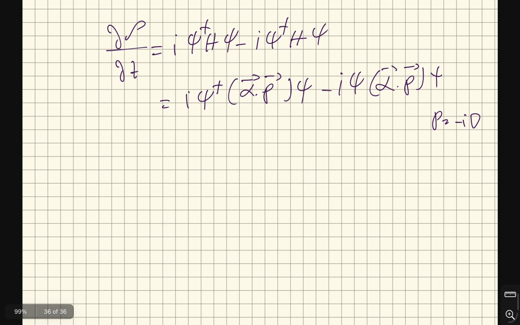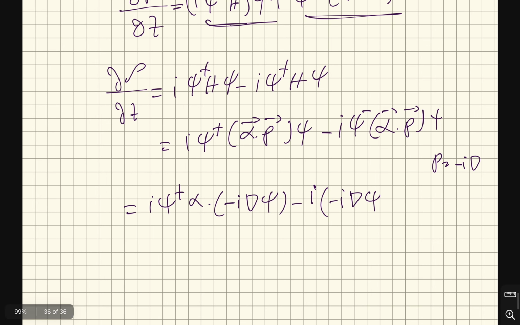So if we substitute the p, we'll have alpha dot minus i nabla acting on psi, minus, and we have minus i here, and minus i inside. Nabla acts on psi dagger dot alpha psi.